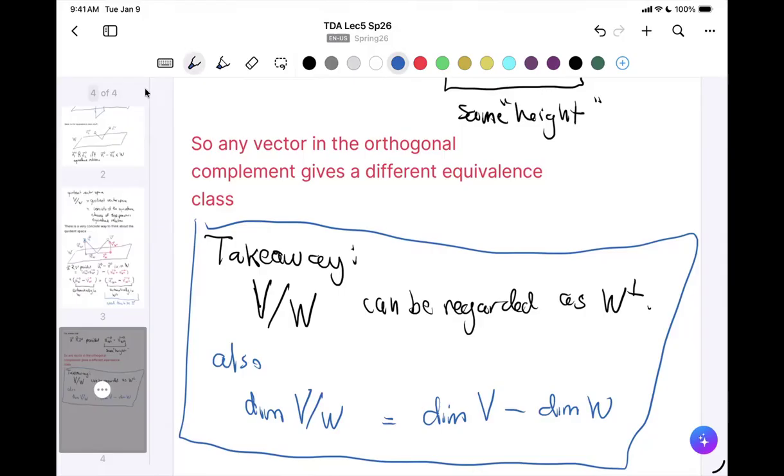Let's not get into too many complications. If the vector space is finite dimensional, which is definitely what we will work with most of the time in this class, then this is always the case.